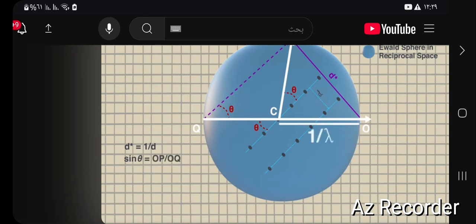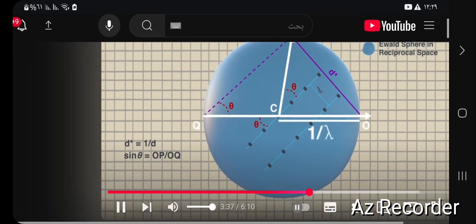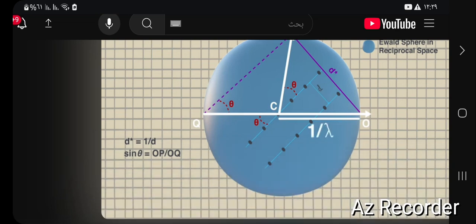We know that the radius of a reflecting sphere is 1 over lambda, which makes the distance OQ 2 over lambda, while the distance OP is 1 over d. That makes sine theta 1 over d over 2 over lambda, that is lambda over 2d. So, now we have defined Bragg's law again, using the concept of reciprocal space, not real space.